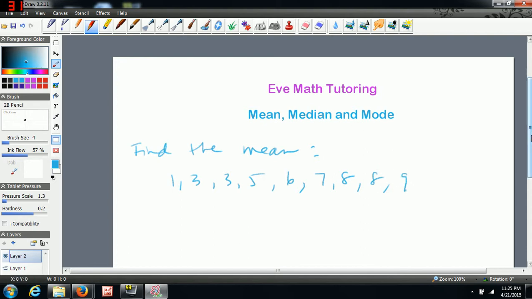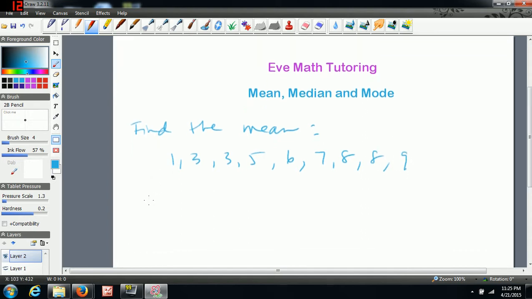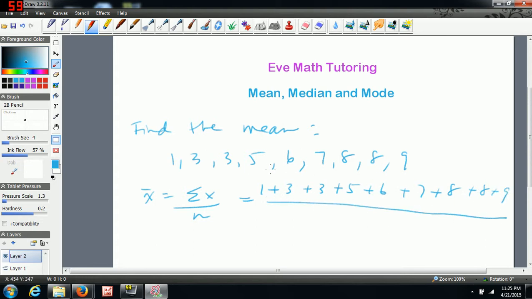Okay, so if we were asked to find the mean, the mean would just be the sum of all the values divided by the total number of values. So what you would do is just add up all the values, and then divide by the total number of values that you have. So you have 1, 2, 3, 4, 5, 6, 7, 8, 9 values in total.